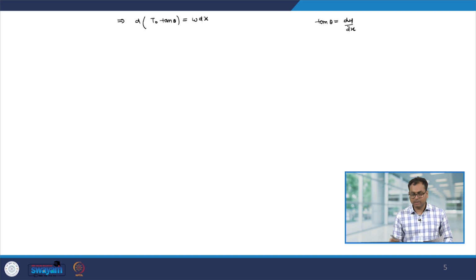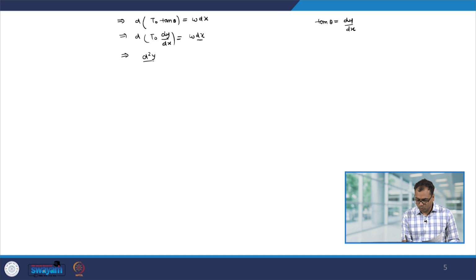So, this is dy by dx. So, I can write down d(t naught dy by dx) equal to w dx. This dx I can put on the left hand side and I will get d2y over dx square equal to w over t naught.